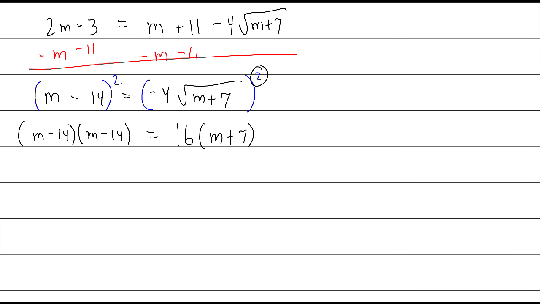Okay, let's distribute. m times m is m squared. m times negative 14 is negative 14m. Negative 14 times m is negative 14m.